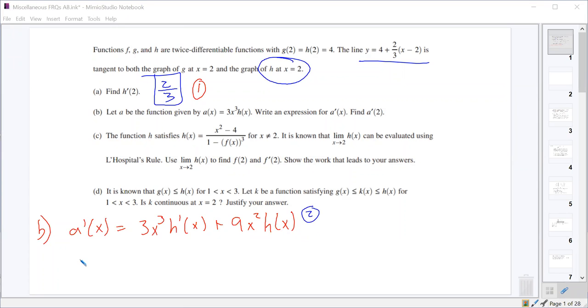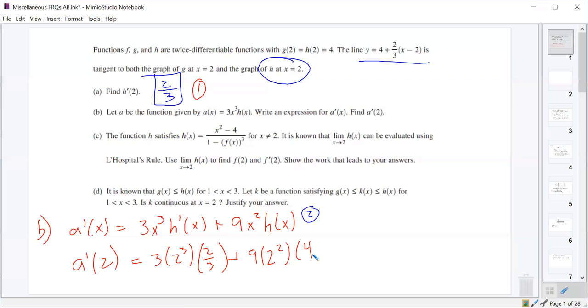And then to find a prime of 2, well, that would be 3 times 2 cubed times h prime of 2, which was 2/3, plus 9 times 2 squared times h of 2, which they gave us as 4. What does that come out to be there?